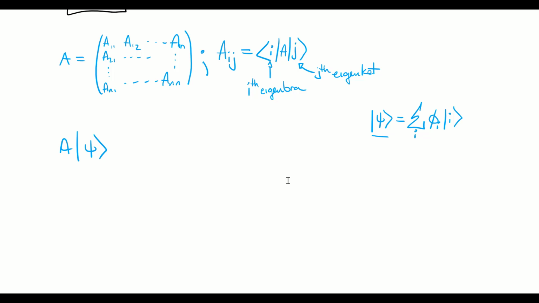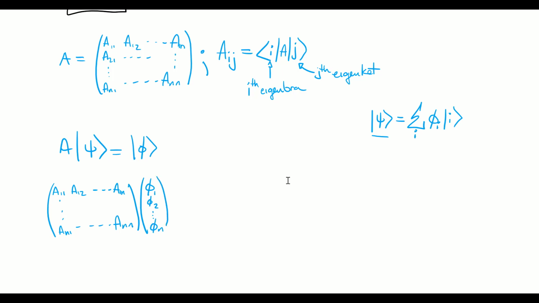So in the matrix representation, this whole equation, the operator acting on our ket and converting it to a new ket, can be written in this very tedious notation: the matrix A with elements a11 through a1n and so on, times the column vector phi 1, phi 2, phi n, where these are just the coefficients from our expansion.